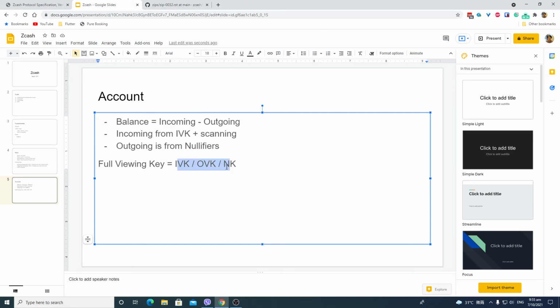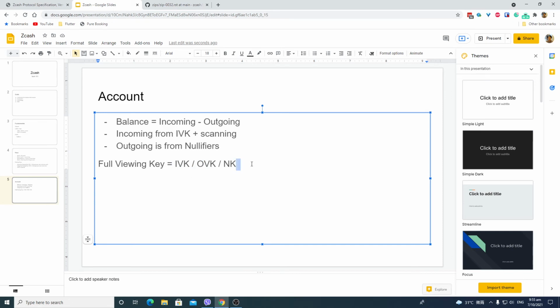So when we talk about viewing key, most of the time we are talking about the full viewing key, and sometimes I make the mistake of saying IVK when I actually mean the full viewing key. So I actually mean all this stuff. When in Zcash, or in any wallet, you export a viewing key, it's actually the full viewing key that you're seeing. So you will see something like XView, ZView. That's that guy. This thing together, right?